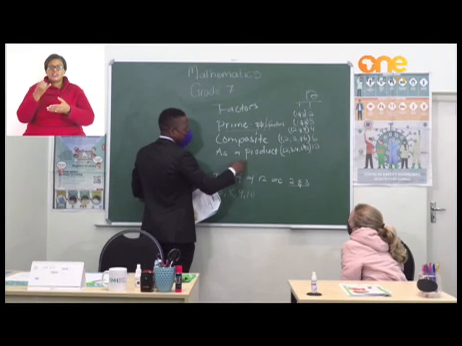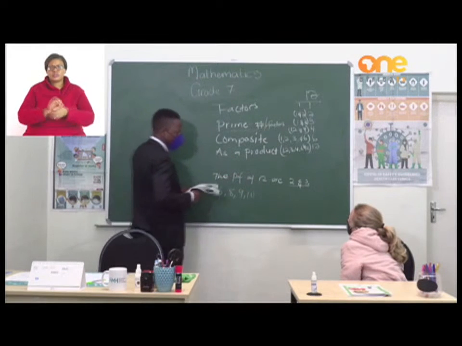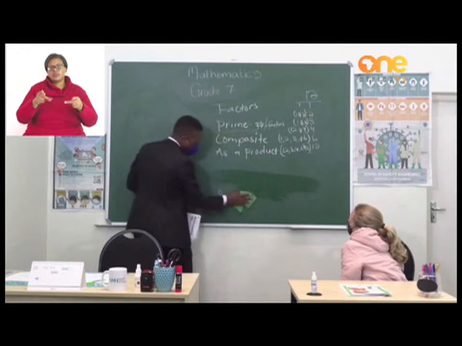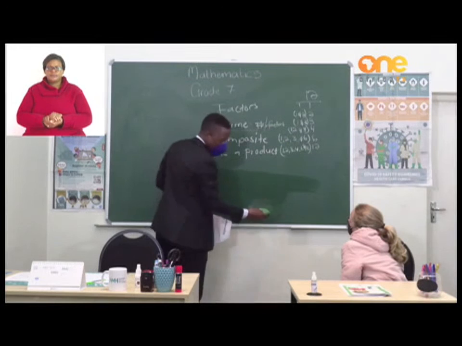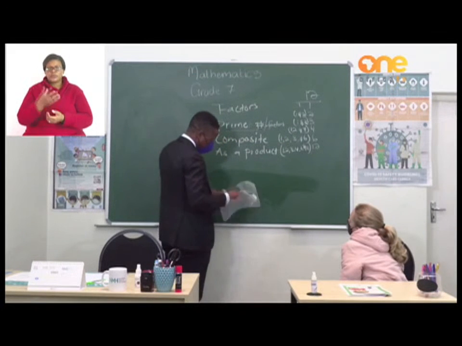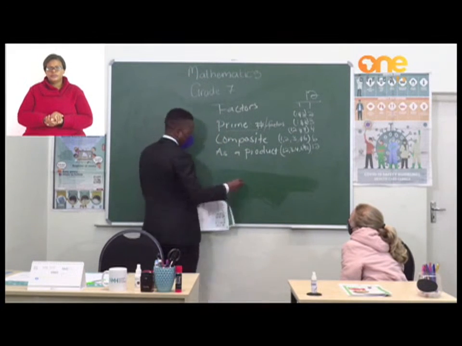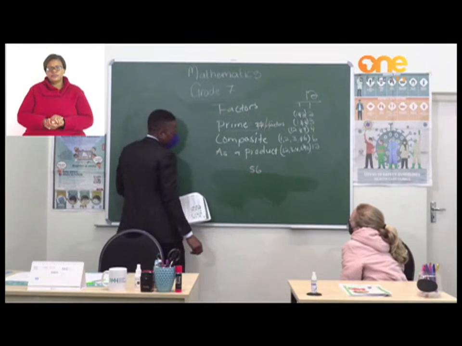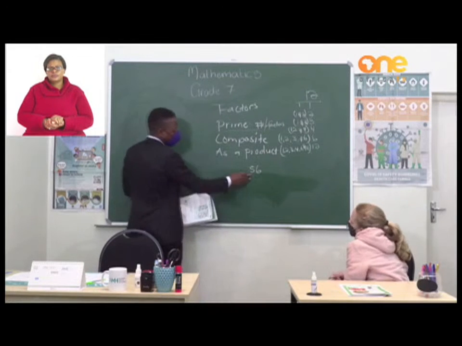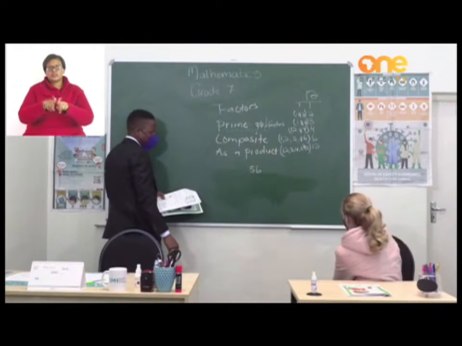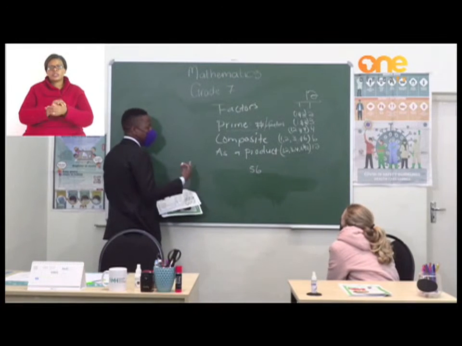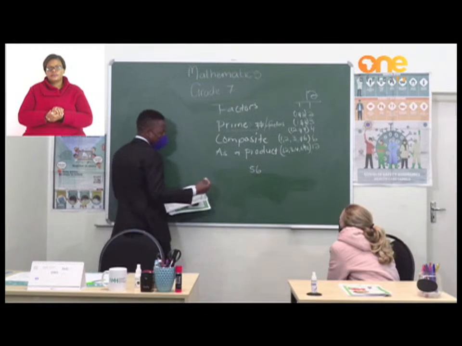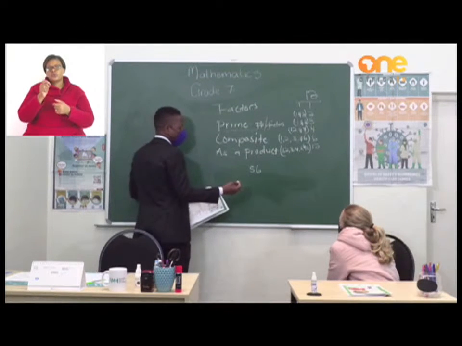The last one is to write a number as a product of its prime factors. In our booklet, we are given 56, and we must write 56 as a product of its prime factors. We have 2 methods. One method is called a factor tree.